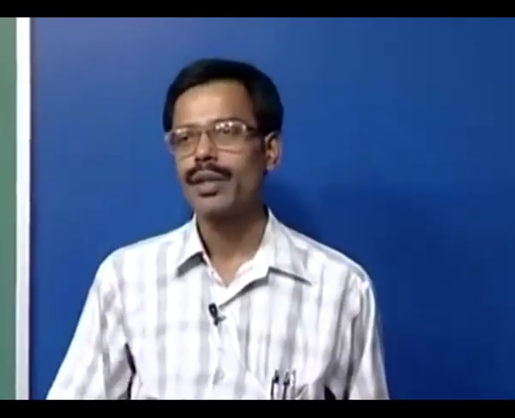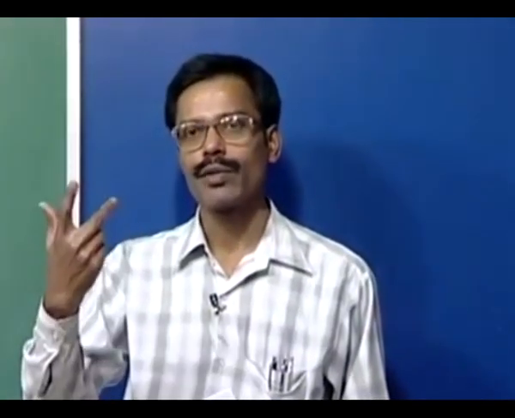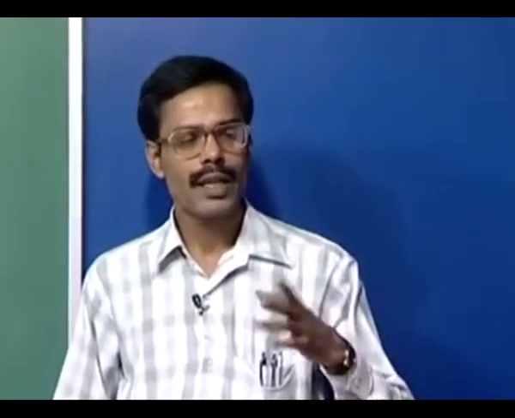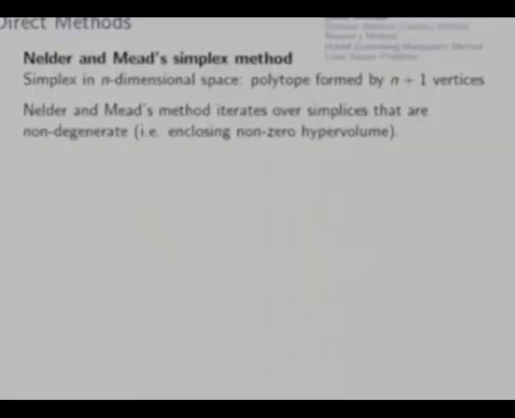Similarly, in three-dimensional space, a tetrahedron, as long as it is non-degenerate, that is, all the 4 points are not in a single plane, otherwise the tetrahedron cannot be formed. So, a tetrahedron is by nature convex to begin with. Similarly, in an n-dimensional space, a similar geometric figure, a polytope composed of n plus 1 vertices, is a simplex.